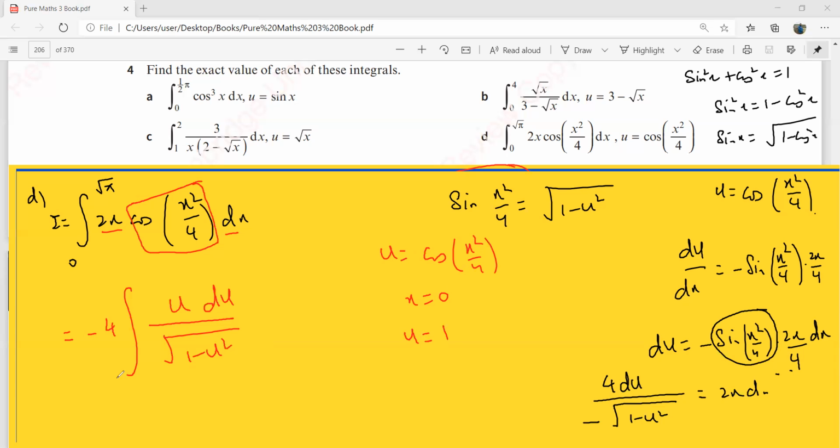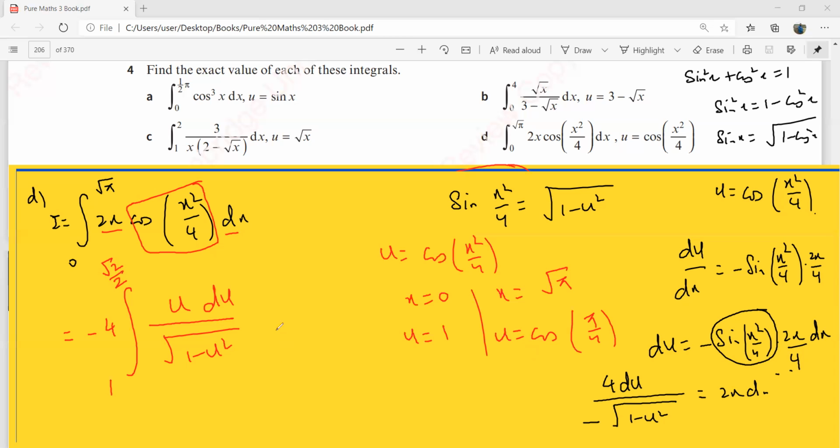So the lower limit is going to be 1 here. When x is the square root of pi, then u is going to be cos pi by 4, which is basically under root 2 over 2, or 1 over under root 2. You can write this as under root 2 over 2.